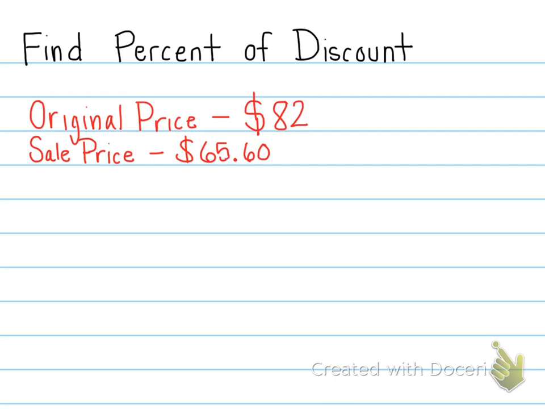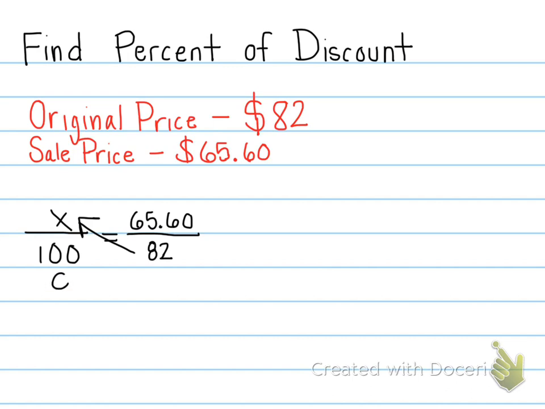Okay, so there really are two ways to do this, just like in the other ones. We can start by just writing the proportion. If I do x over 100, because I'm trying to find the percent, equals 65.60, that's the part that I paid, over 82. All right, so I take 82 times x.